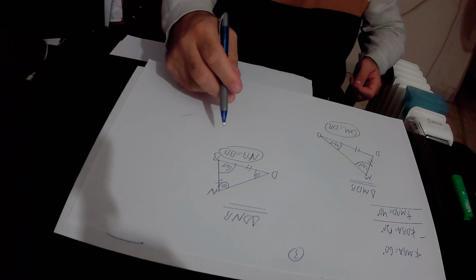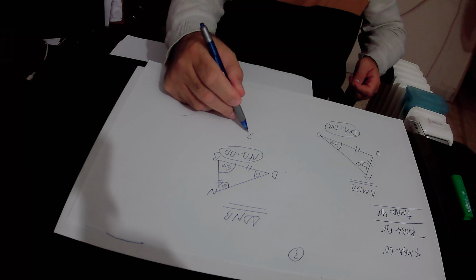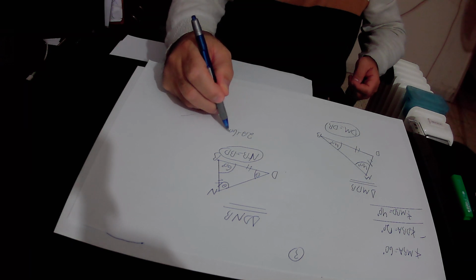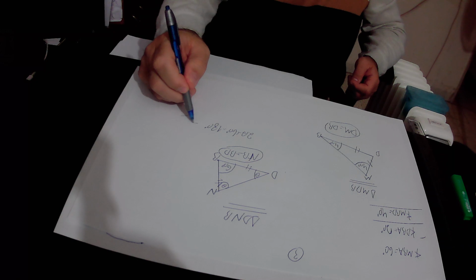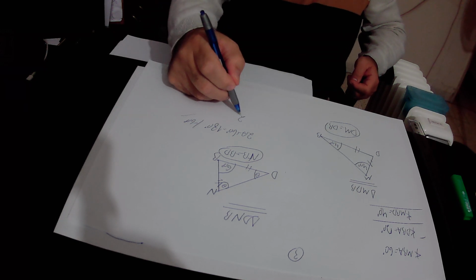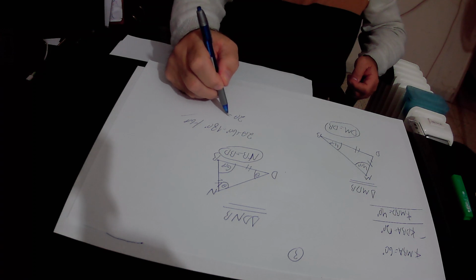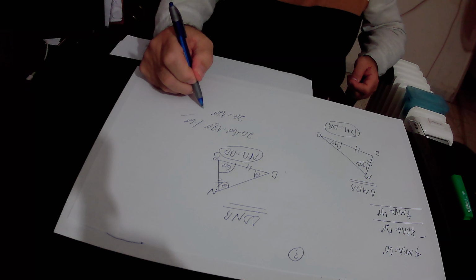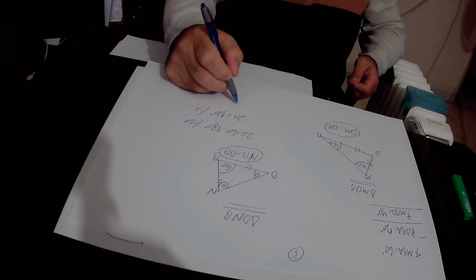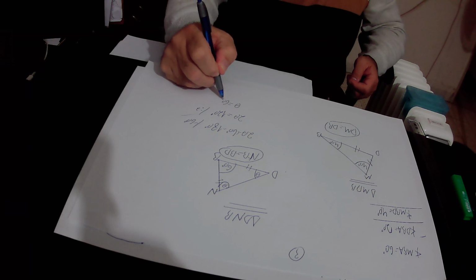So theta plus theta is 2 theta. 2 theta plus 60 degrees must equal 180 degrees. We subtract 60 degrees from this equation, and we get that 2 theta equals 180 minus 60, it is 120. So 2 theta equals 120 degrees, we divide this equation by 2, and finally we get that angle theta equals 120 degrees over 2, it is 60 degrees.